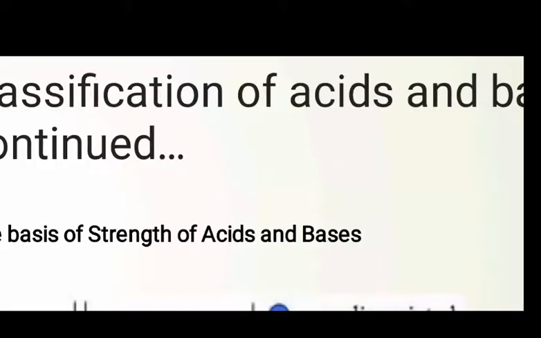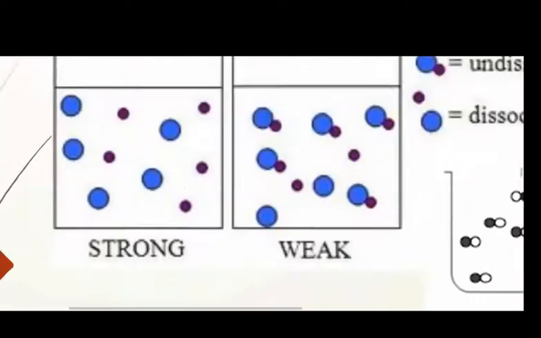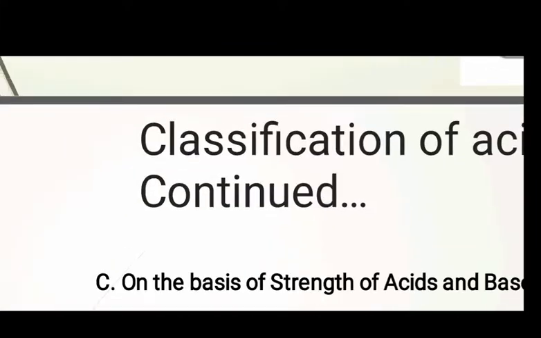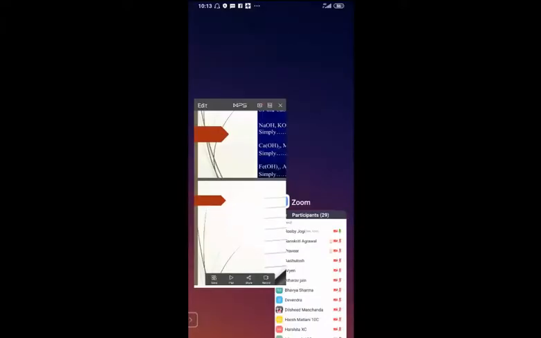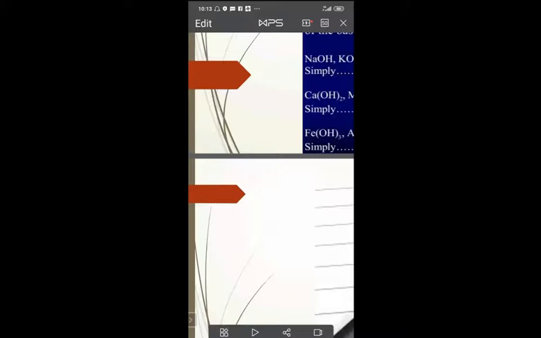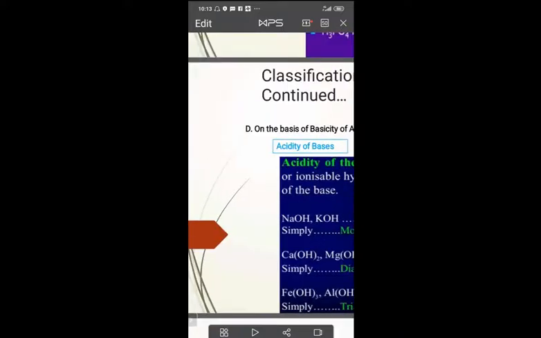Concentrated acid and dilute acid. I think you may be knowing. I will just ask you, one of you can say that. Concentrated acid and dilute acid. One minute, please.